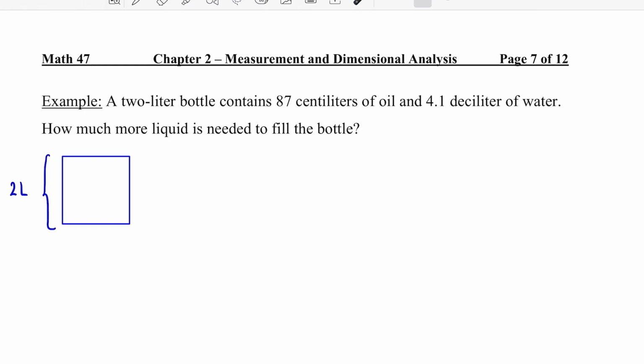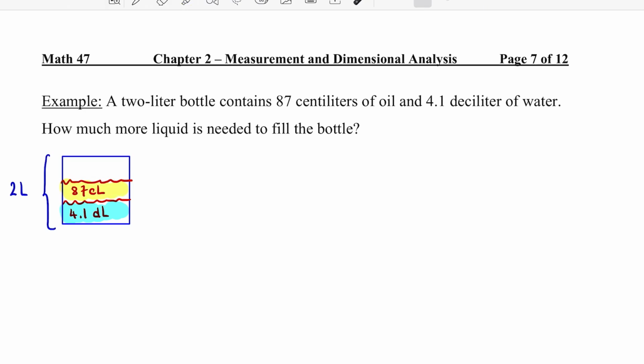And in here, now it has 4.1 deciliters of water. And then 87 centiliters of oil. So I have water down here and then oil up here. So this is water. This is oil.